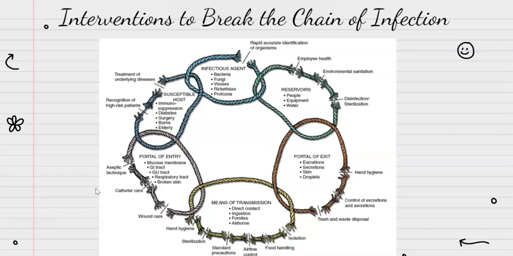For susceptible hosts, you want to increase the host's resistance by promoting good nutrition, getting vaccinated, stress management, adequate rest, and ensuring that they are staying away from sick people if they have low immune systems and things like that.